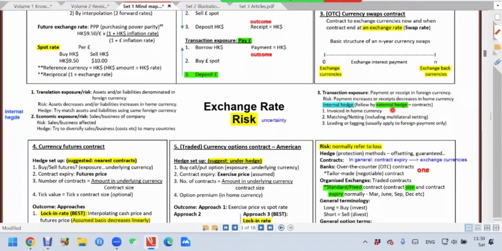That means you go outside and agree with an outside company. That's external. Basically, you sign a contract, and this contract involves exchange rates. They are all currency contracts except one. So these are the currency contracts.